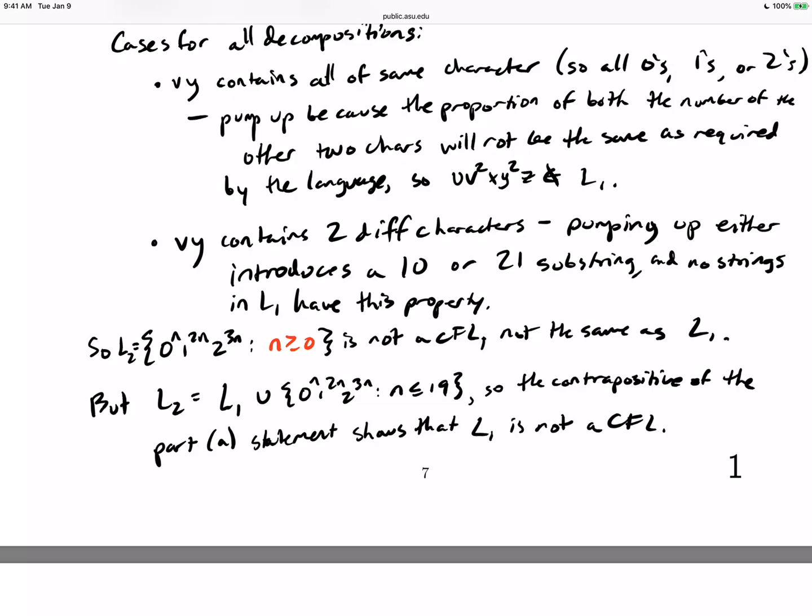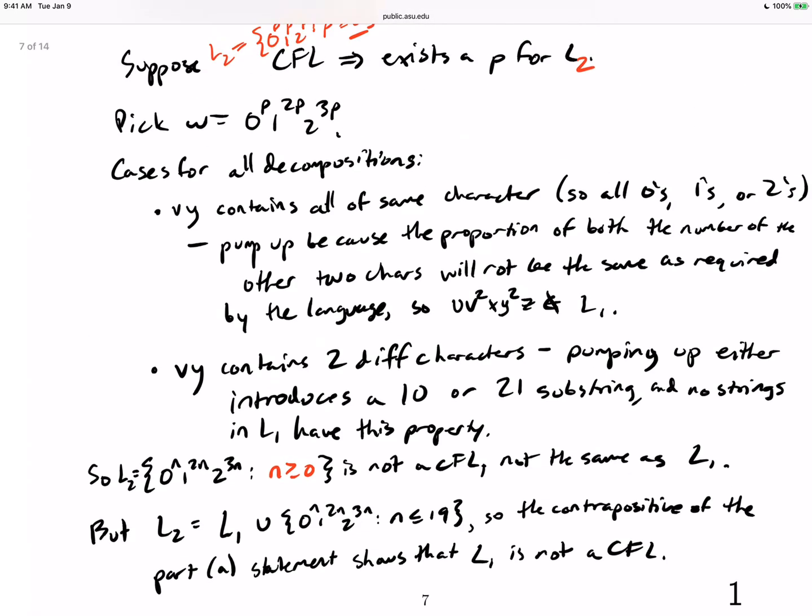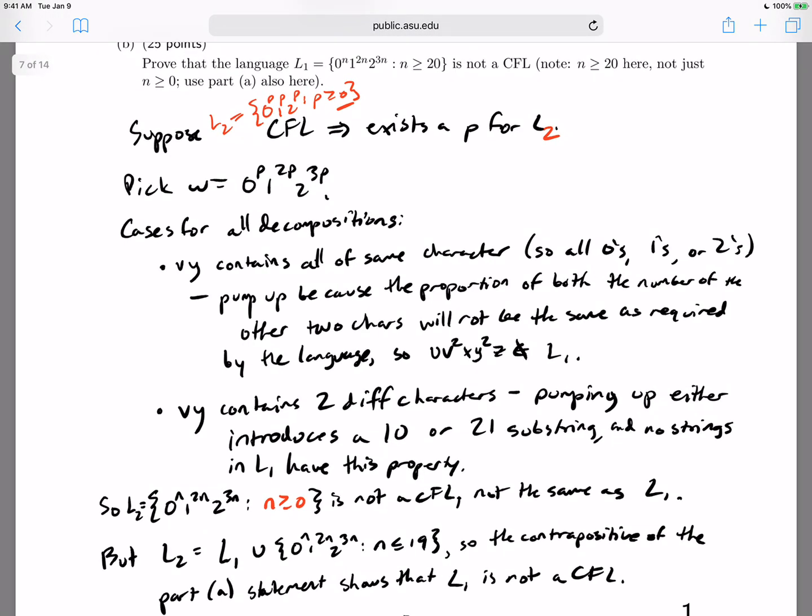But there are, of course, other ways you could have gone. One of the main things that people missed was picking a string that was too short, and for the cases, either not handling all decompositions or not giving any reasoning for it. So you give all of the right decompositions, but you don't say why you leave the language.